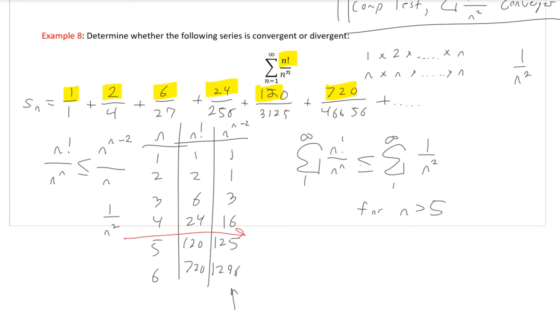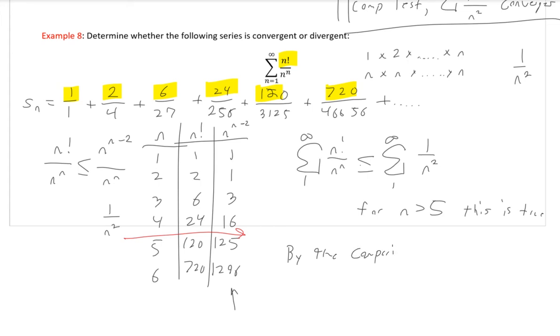Should be n to the n over here, actually. So for n greater than or equal to 5, this is true, as we showed here. All right, then that means this is actually a comparison test.